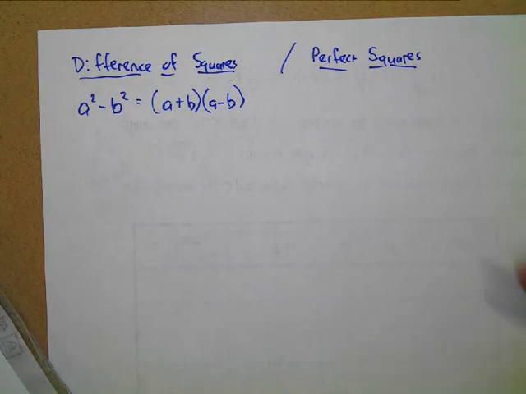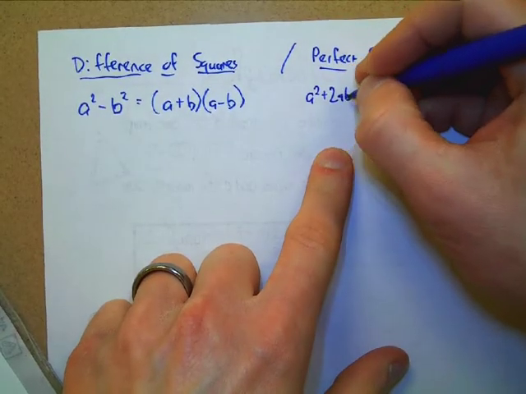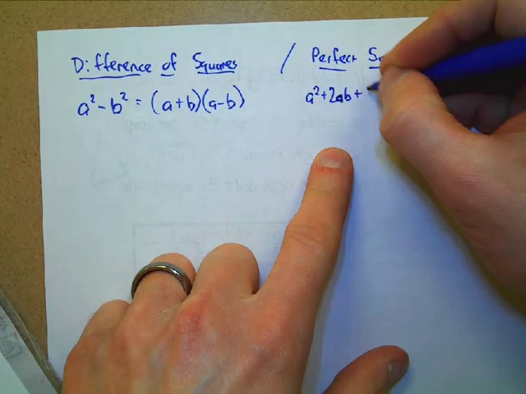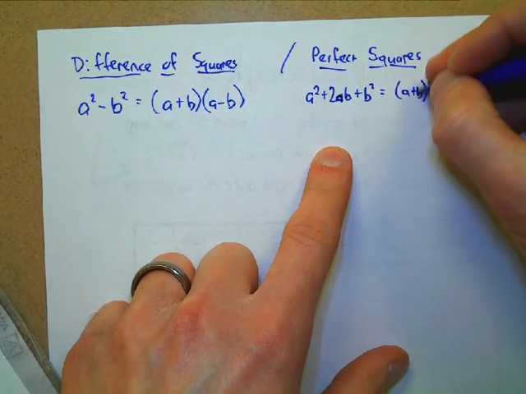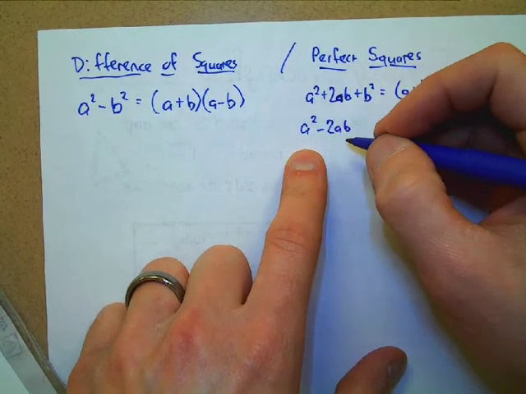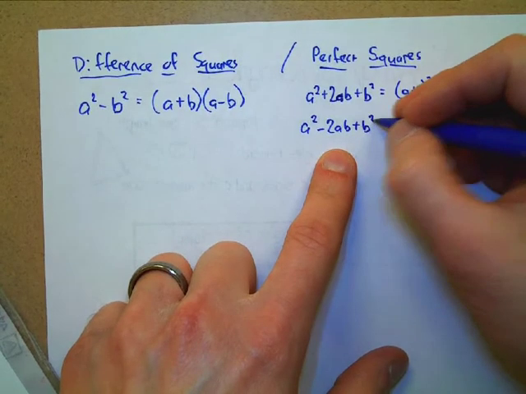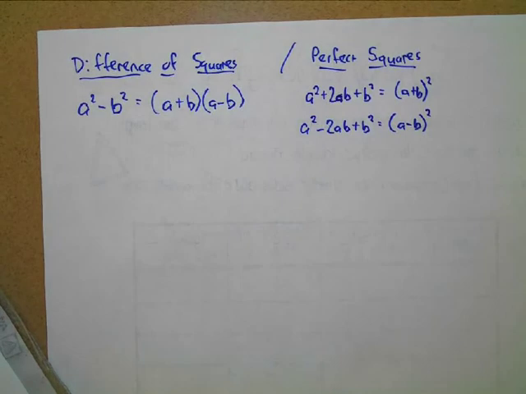And then the perfect squares. And again, you don't necessarily need to memorize these formulas because we'll be able to factor these using our normal strategy I was just showing you.